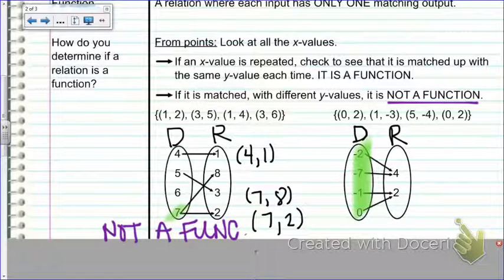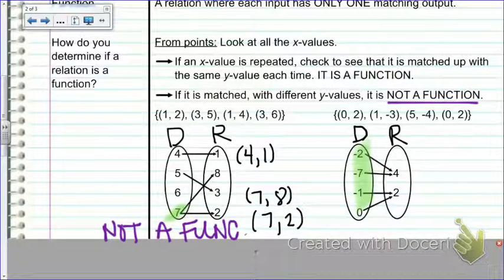That's it. Ooh, that one was really dark. Let me just go once. In a function, we only care about the domain. So as long as the domain only maps to 1, it doesn't matter if 2 x's share a y. Okay? So it doesn't matter if 2 x's share a y as long as each x has only one y.